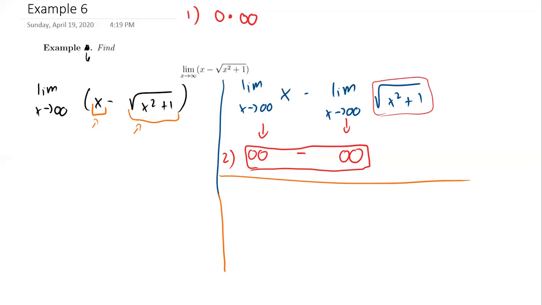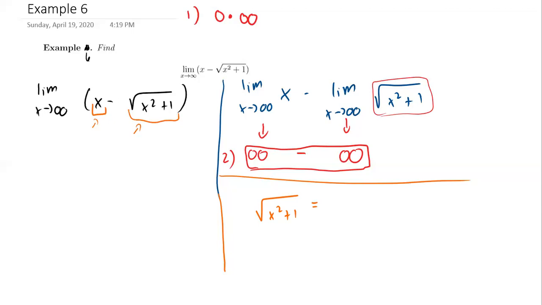Now, the square root of x squared is usually the absolute value of x. But since we're taking x to be a very large positive number, we can just take it to be x. Remember that the absolute value of x is just x when x is positive. Basically, mathematically, what I'm saying is take the square root of x squared plus 1. I want to have an x squared inside being multiplied so I can factor it out.